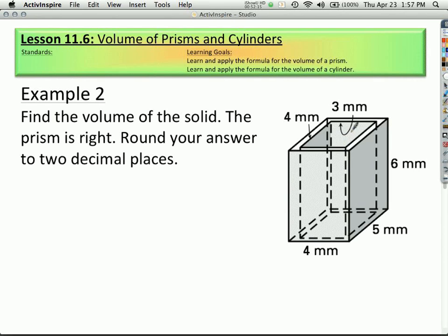So this here is air. That space in here is air. So the question is, if we cut out this rectangular prism from the inside, how much solid material is left? What's the volume of the solid material?